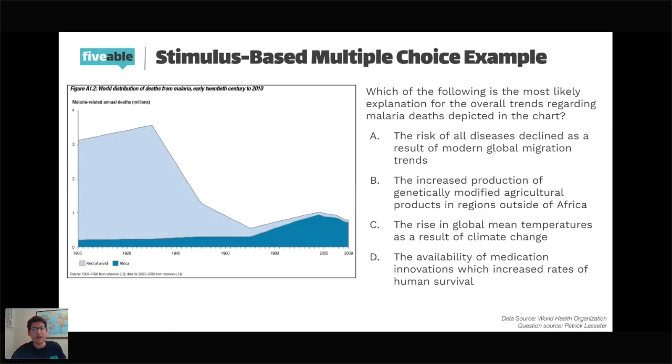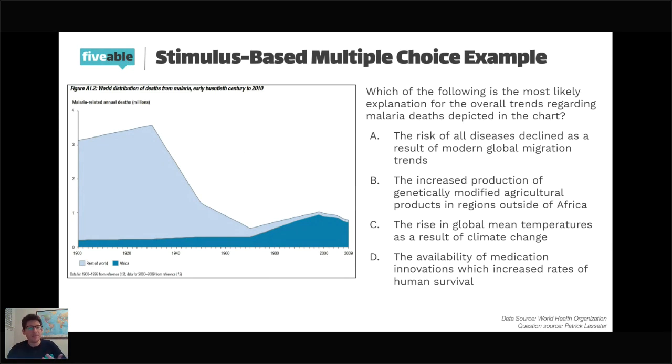D: The availability of medical innovation to increase the rate of survival. D here is our best answer, because we see medications that treat and prevent malaria. Generally throughout the world, because of those innovations in medicine in the 20th century, we're seeing that downward trend.